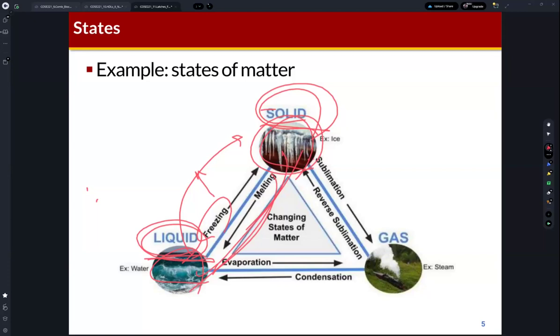So we can understand the state of a system like this. Actually, most systems include state, right? This is the system of our nature, right?